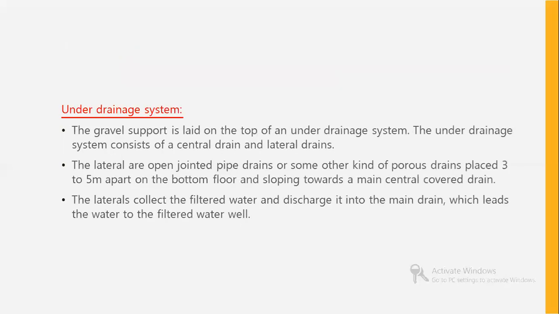Under drainage system. A gravel support is laid on the top of an under drainage system. The under drainage system consists of a central drain and lateral drains. The lateral or open joint pipe drains are placed 3 to 5 m apart on the bottom floor and sloping towards a main central covered drain.